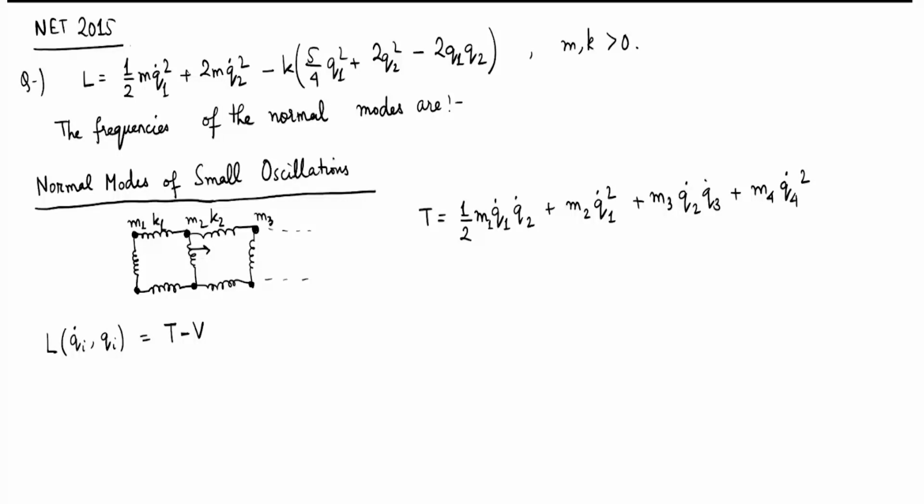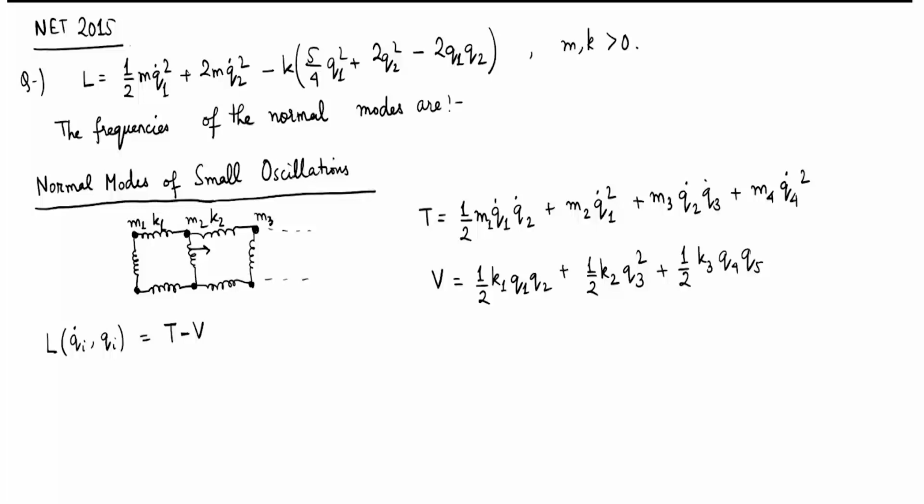So you have not only m into v squared, but you have terms like m into v1 into v2, v2 into v3. And the potential energy is half some constant, say k1 into q1 q2, plus half k2 into q3 square, plus half k3 q4 q5.